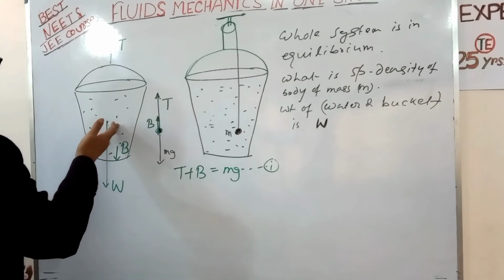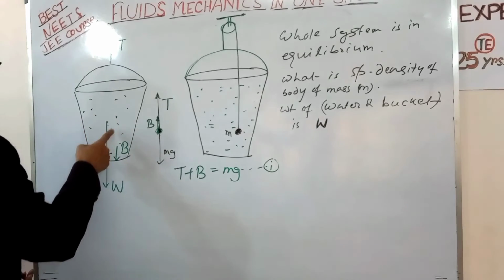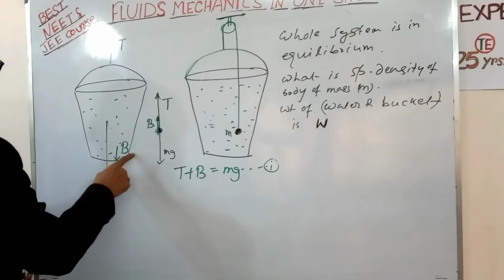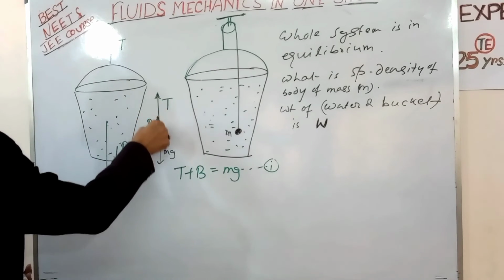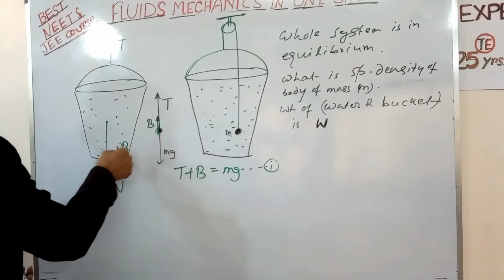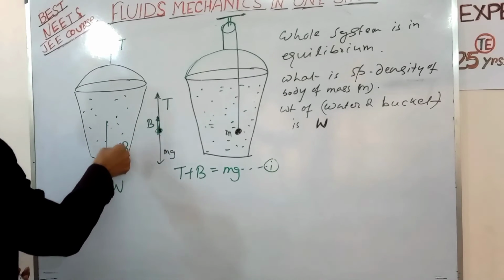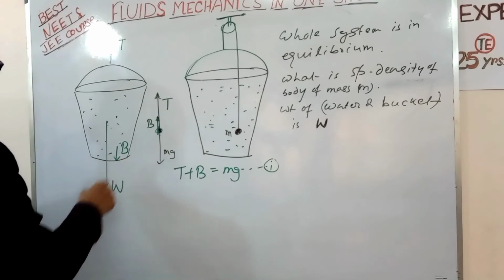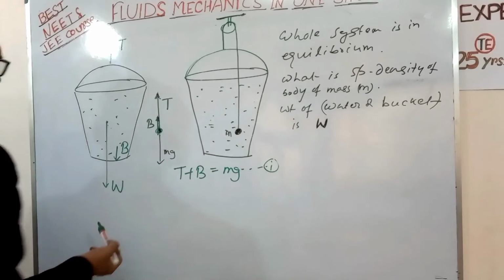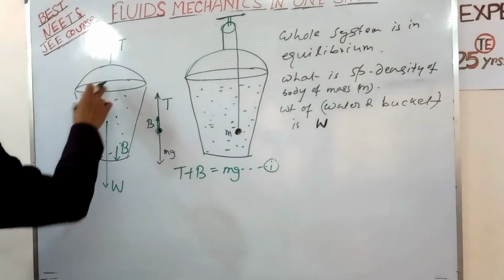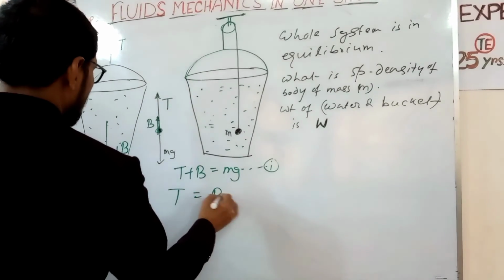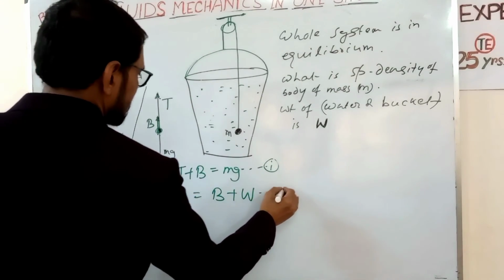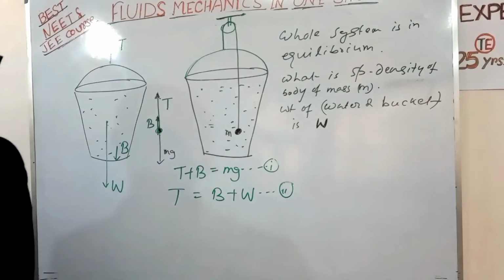That reaction force acts on the bottom of the bucket. So if the buoyancy force B acts on the small body, then a reaction buoyancy force acts on the bottom of the bucket. So T equals B plus W. This is equation 2.